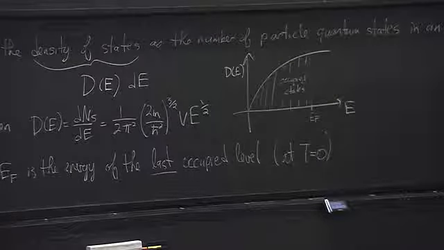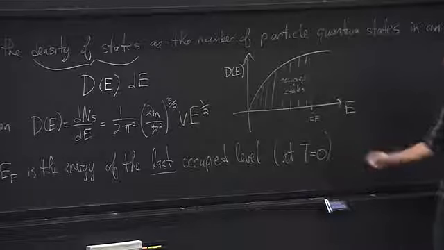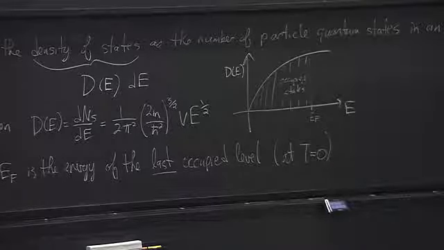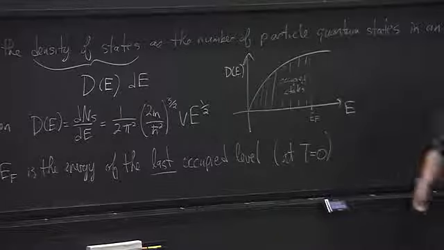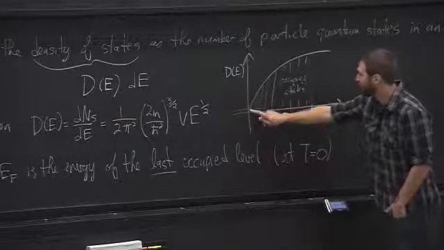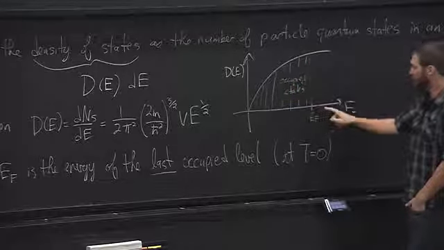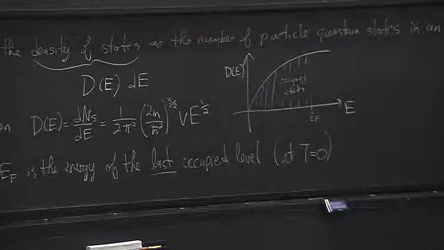To avoid confusion in what's coming up, this is the last occupied level at 0 temperature. This is all the 0 temperature discussion. So the functional form is a square root, then down to 0 with a sharp cutoff.